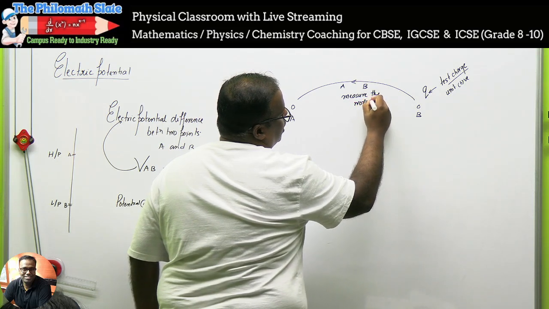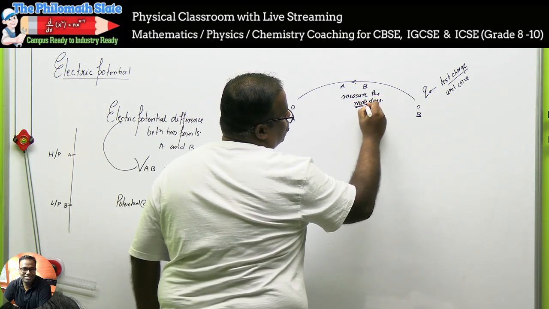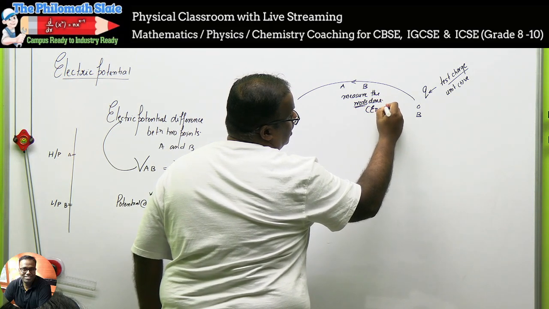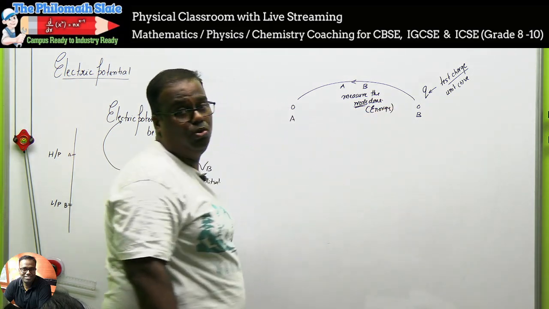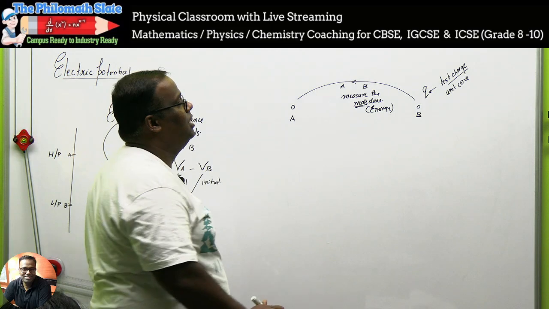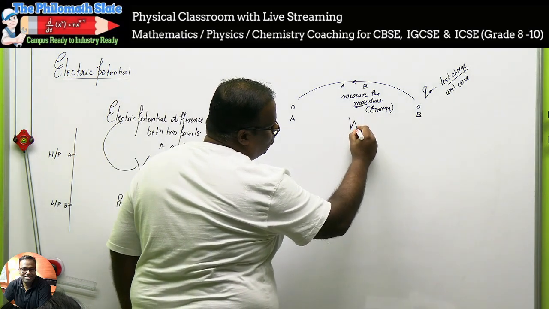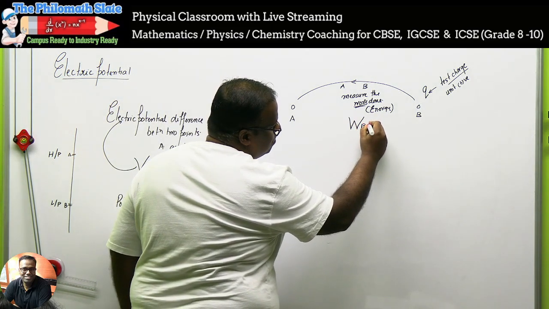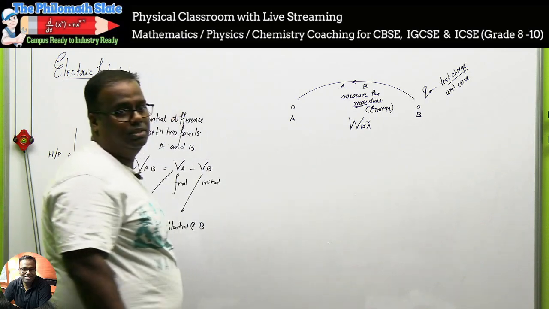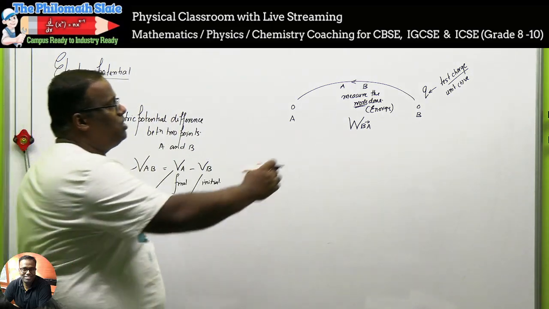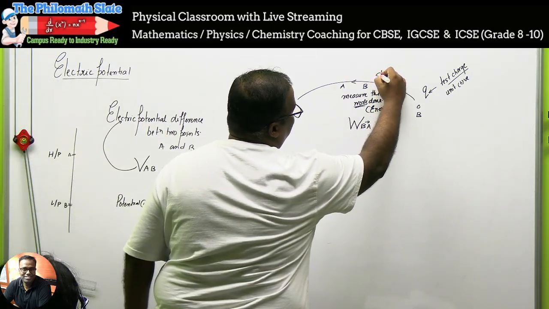How much work have you done? Work means what in grade 9? Energy. Work का unit joule होता है, if you remember. Work is energy. So you are trying to measure the work done to move the charge from B to A. इतना समझ में आया? B to A. And when this charge is moved, it is moved very, very slowly.